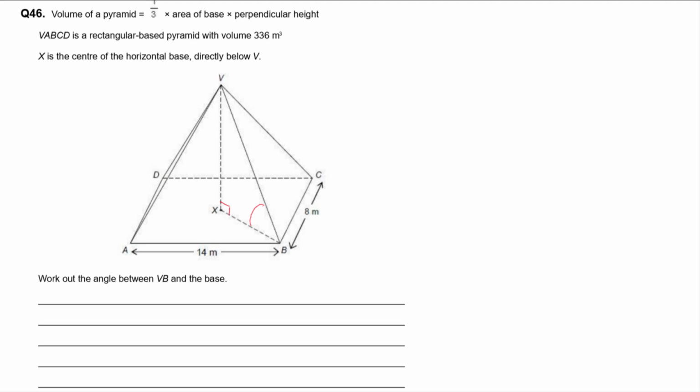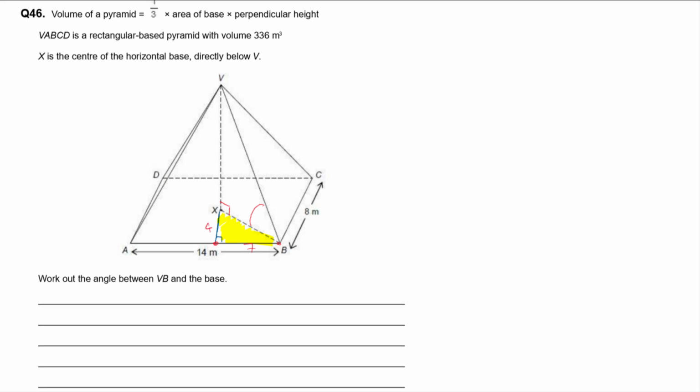Let's form a little right angle triangle by drawing a line coming from here down to here at a right angle. So this triangle here then, I can work out Pythagoras theorem from, because I know that the distance from there to there is going to be 7, it's half the 14, and the distance from there to X is going to be 4, isn't it?